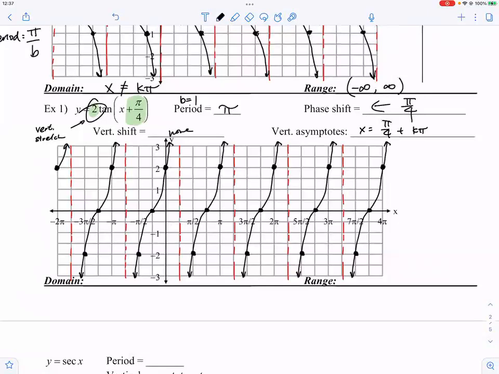Domain would be x does not equal pi over 4 plus k pi. Make sure you ask yourself frequently, why do we use the letter k? Why do we do it? What benefit does it offer? Range would be negative infinity to infinity. That's the range.